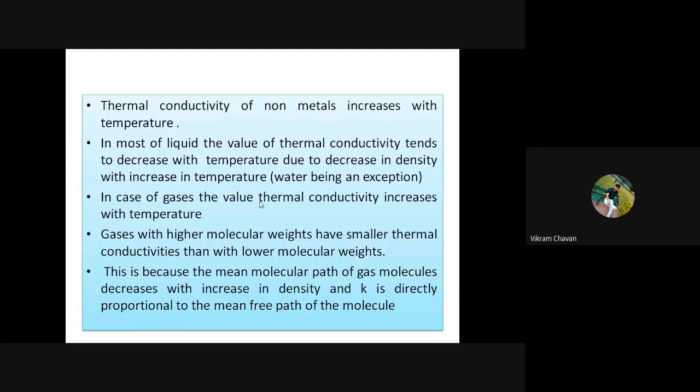Next, gases with higher molecular weights have smaller thermal conductivities than gases with lower molecular weights.